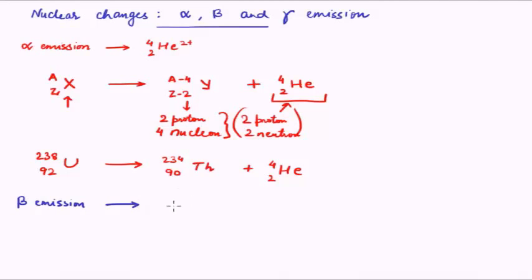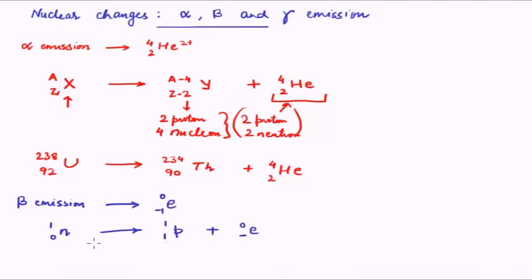The beta particle is basically e minus, with 1 negative charge and 0 mass, and the beta emission takes place like this. A neutron, which is 0 1, undergoes a transformation and forms a proton which is 1 1, and in addition a beta particle or an electron is produced.